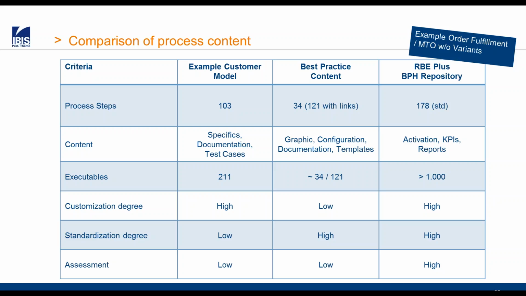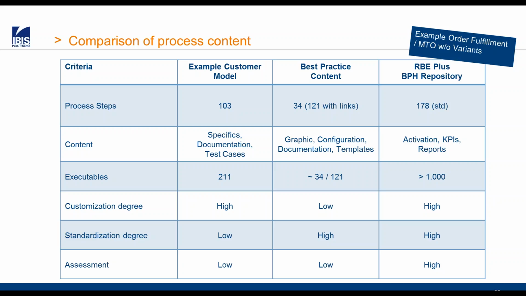And the main differences are to be seen in the first row, where you can see the number of process steps. So for example, when the real customer requirement was for round about 100 process steps, the best practice content only supported 34, while the full repository that reflected all possibilities out of the SAP standard was about 178.